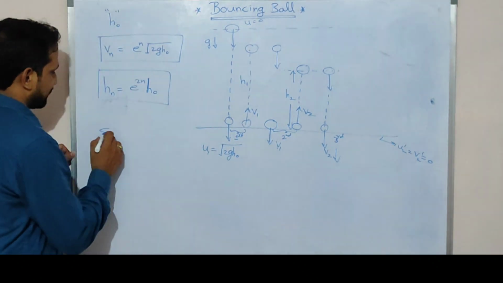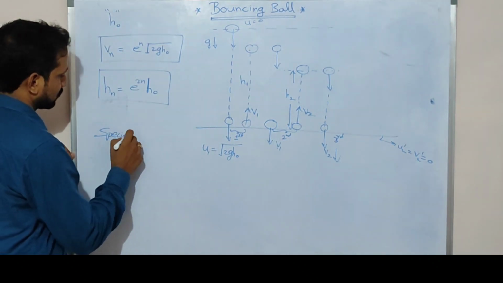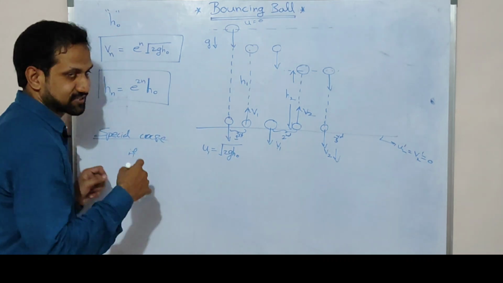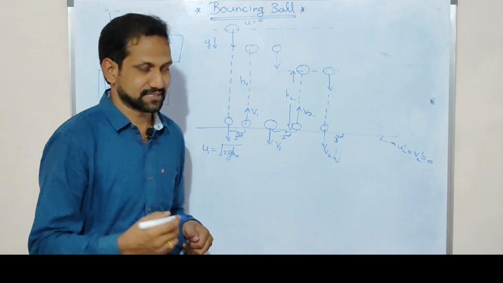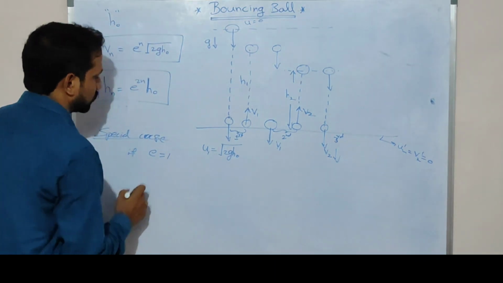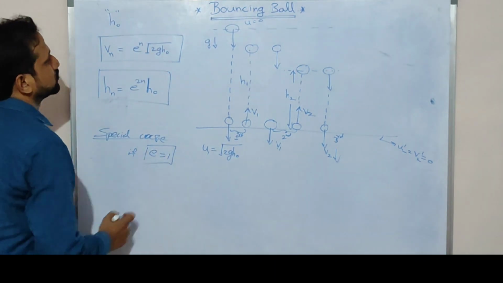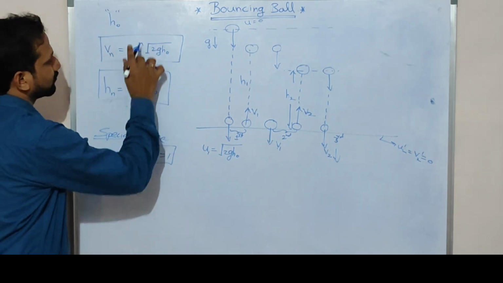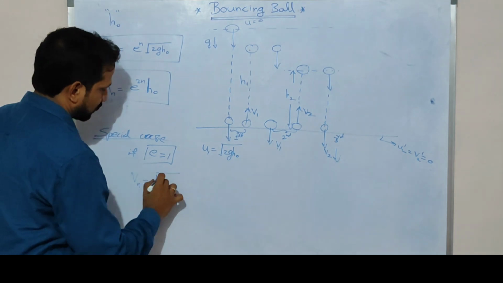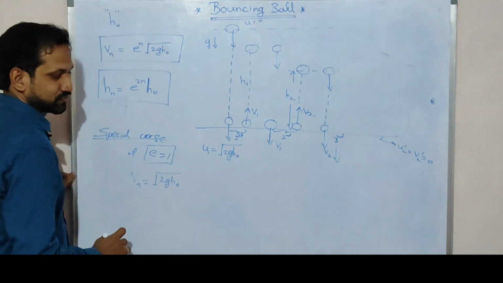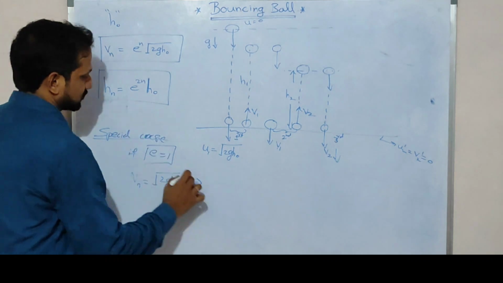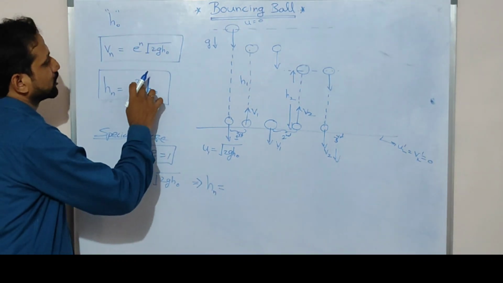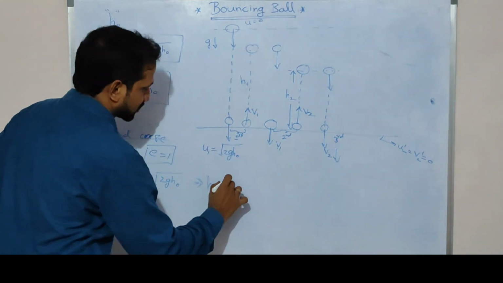A special case I can have is if the collision is elastic. If the collision is elastic, then e equals 1. Then vn will be 1 power n, which is 1, so always root 2g h naught, and hn, that is the height after nth collision, will be e power 2n, meaning 1 power 2n will again be 1, so h naught.